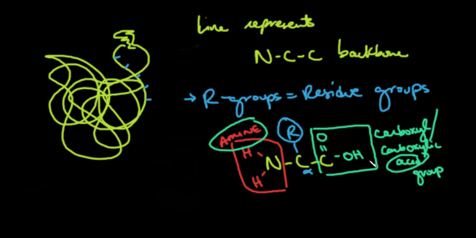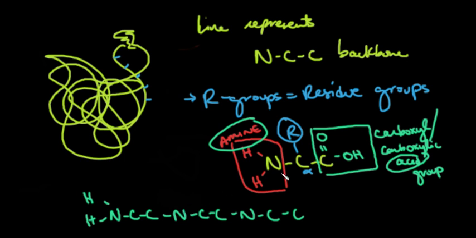But it's really an NCC backbone when these NCCs combine. So remember, we've got an NCC, we've got an OH here, and then an H on the next amino acid. So we end up with an NCC. We get an OH and an H to leave, so then we end up with another NCC, and this one's got two hydrogens on it still, but this nitrogen has lost one of its hydrogens to water, and this carbon has lost its OH group.